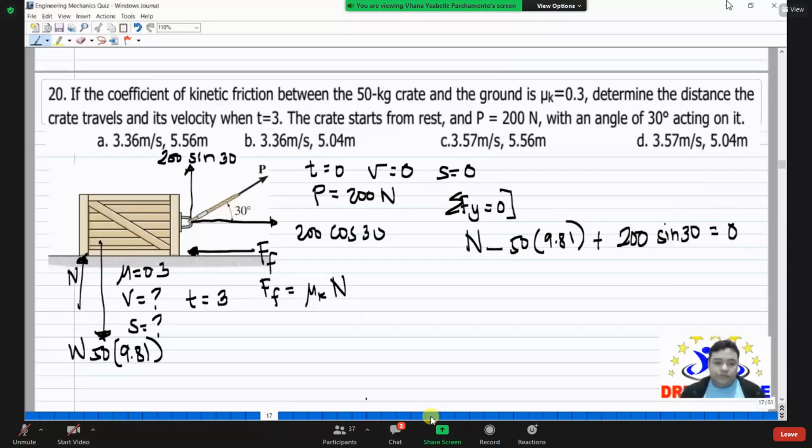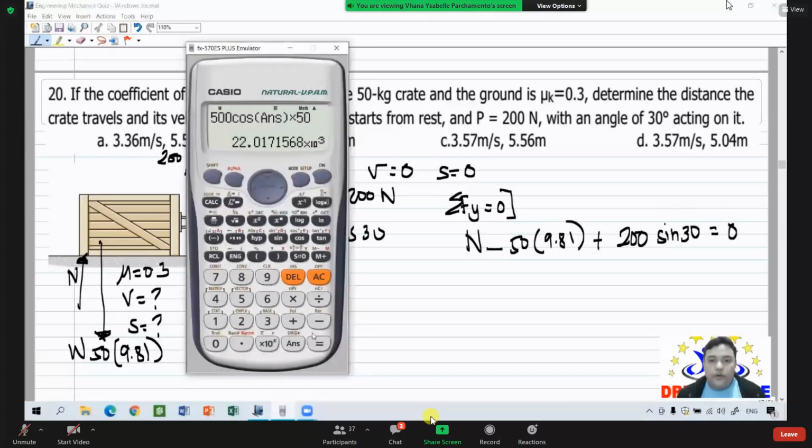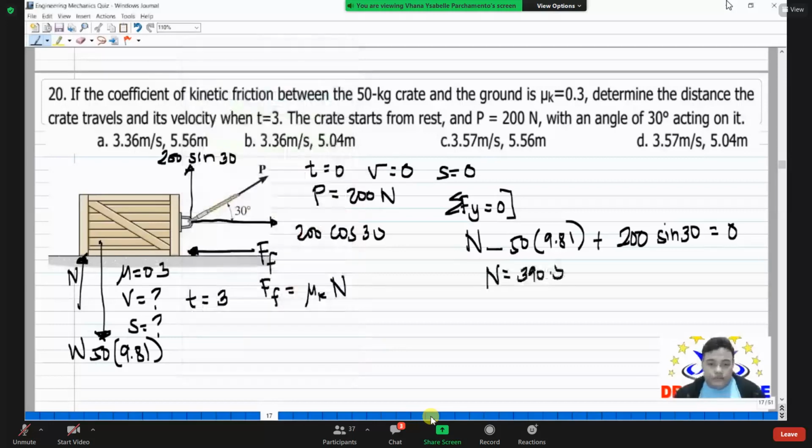And this is equal to 0. So, therefore, N is equal to 50 times 9.81, transpose our 200 sine 30, so minus 200 sine 30, which is equal to 390.5 newtons.